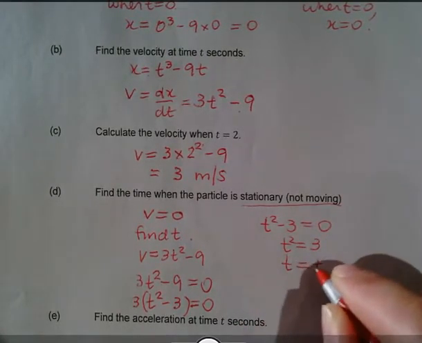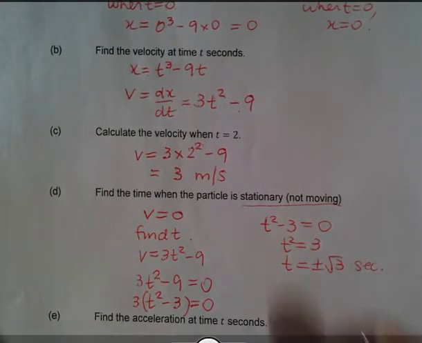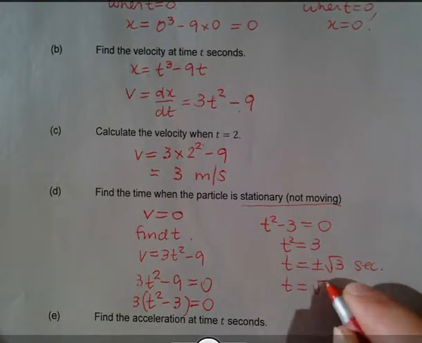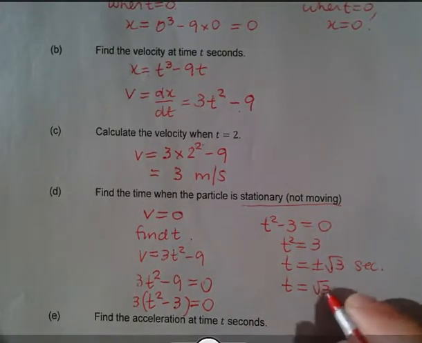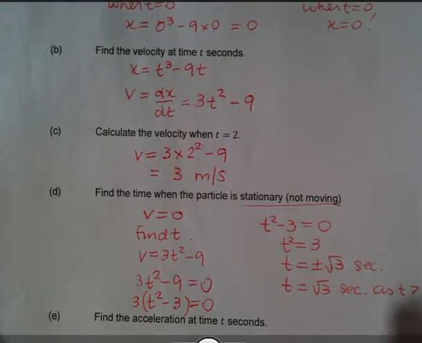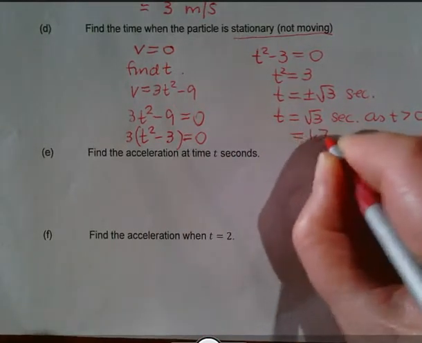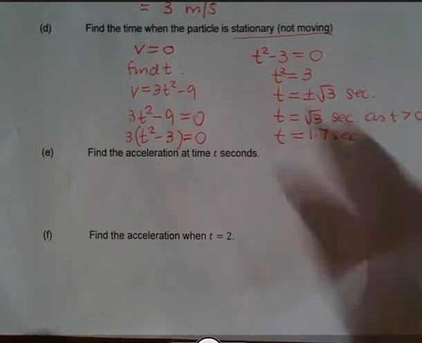So t equals plus or minus the square root of 3. Now time is in seconds, but we cannot have negative time, so the time is square root of 3 seconds, as time has to be positive. So square root of 3 seconds, that's approximately 1.7 seconds if you just do that on your calculator.